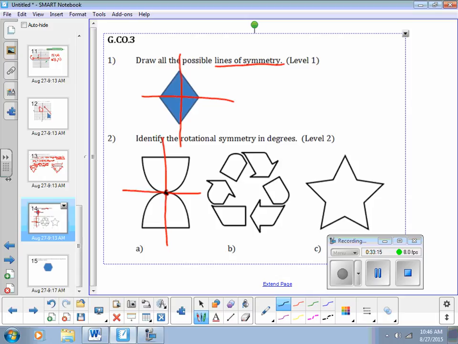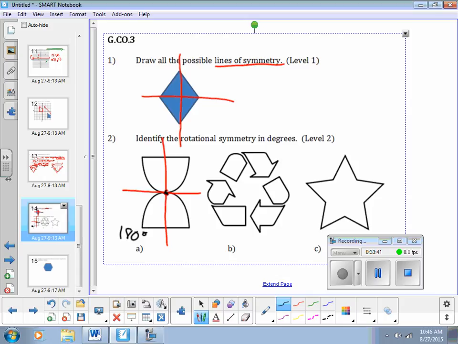Did it match itself with a 90 degree rotation? No. Rotate it 90 more. Does it match then? Yeah. So it's not until 180 degrees that it'll match. It says identify the rotational symmetry in degrees, so the angle of rotation is 180 degrees.